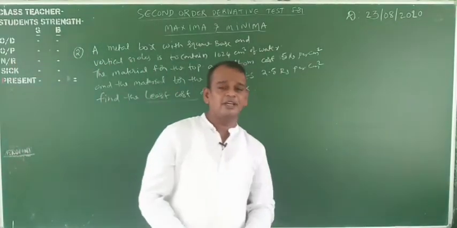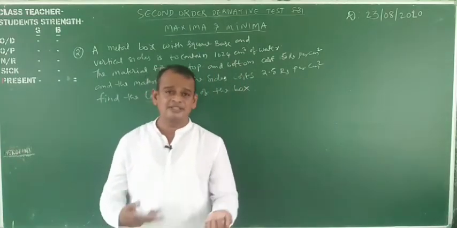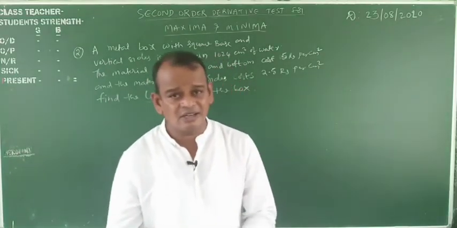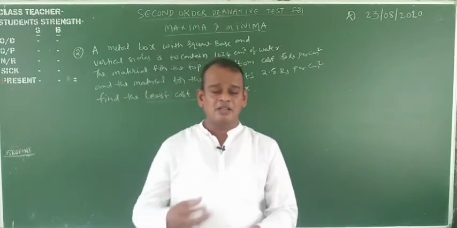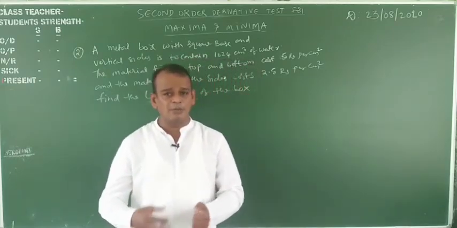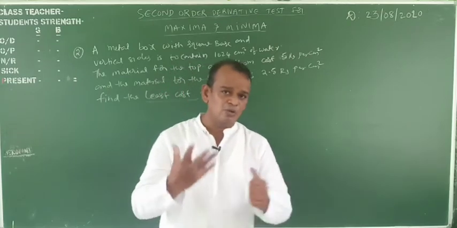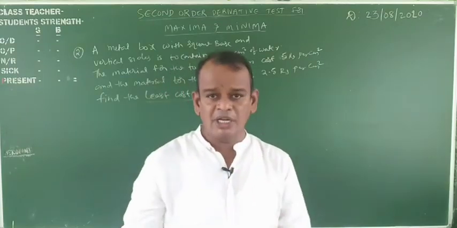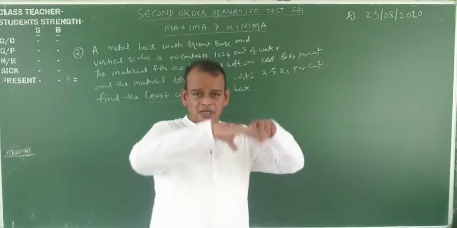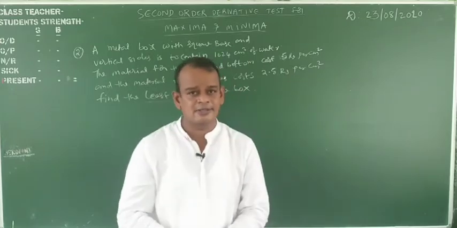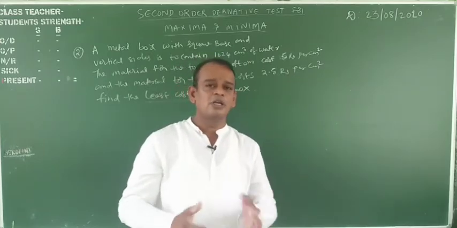Already before problem I explained already. Cost means the surface area. The cost in rupees of the material used for the box, the water tank or box. Cost is equal, for suppose surface area.